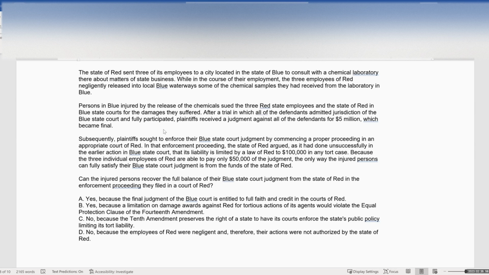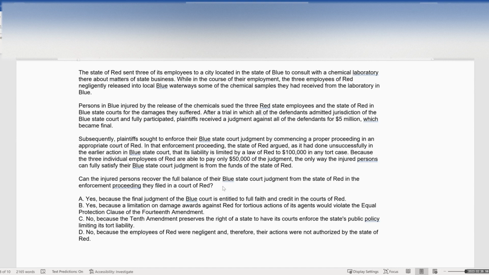Then the last method we'll go through will be just starting from the top and going all the way down. But this is a unique MBE question. They have some of those. And if you get really good at doing these types of questions without having to read the fact pattern, but still be able to know what the correct answer is confidently, they are very, very nice questions to have on the exam.